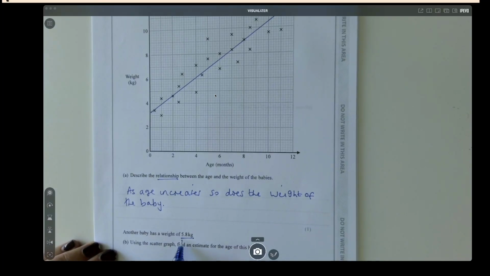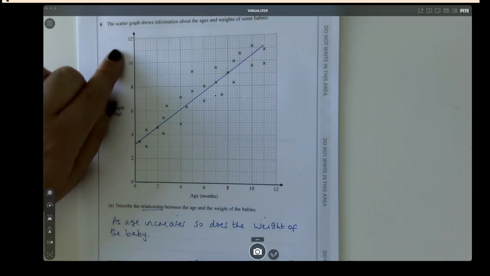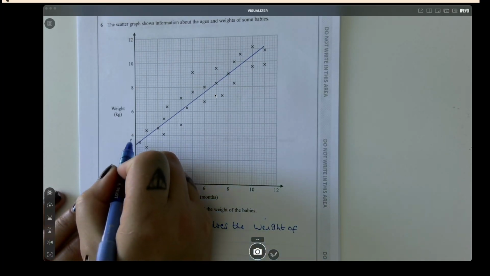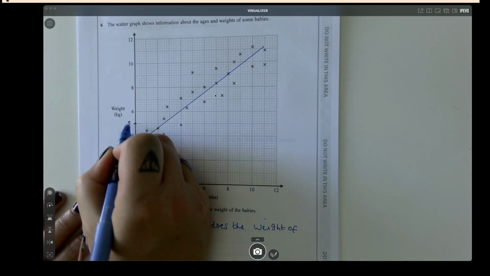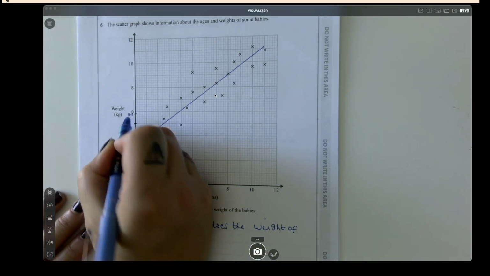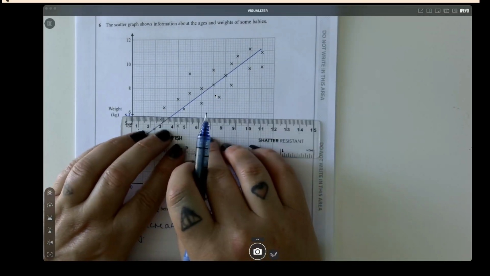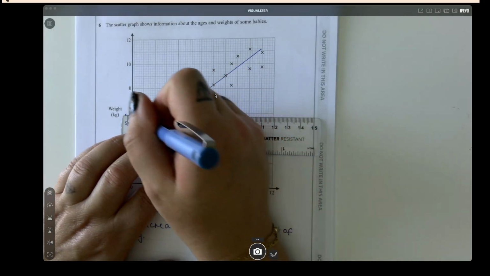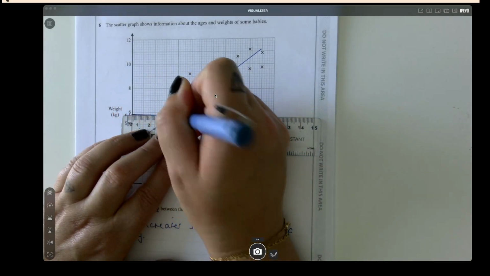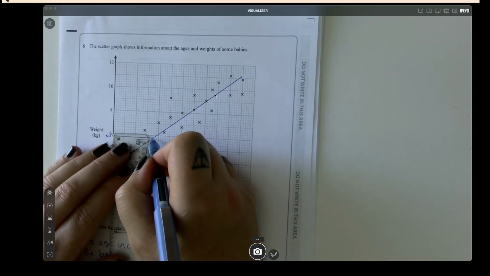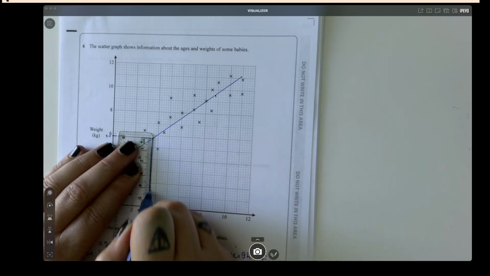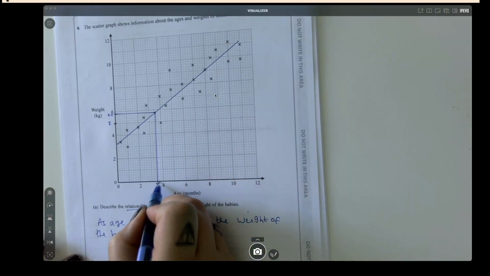So we've got a weight of 5.8 kilograms. So this is weight here, so I'm going to find 5.8. So 4, this is 5, so this is 5.8. And what I'm going to do is read across to the line of best fit that I've just drawn, and then read down from my line of best fit, and estimate this point here.